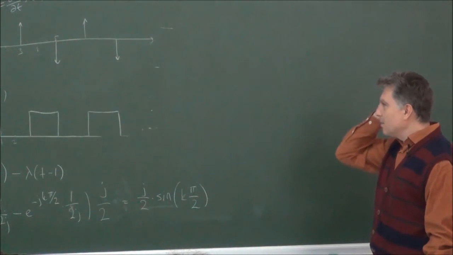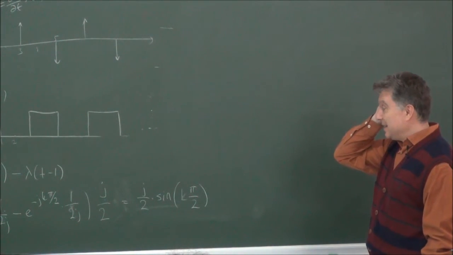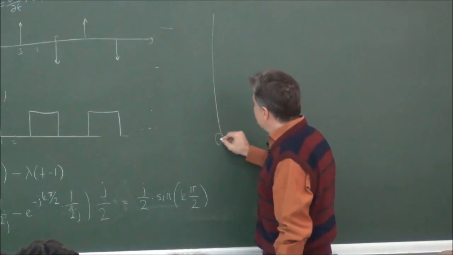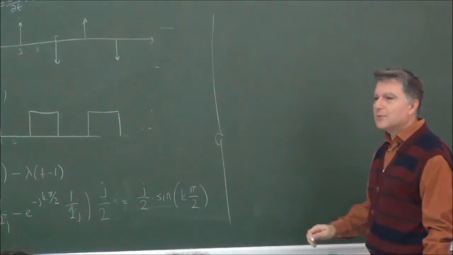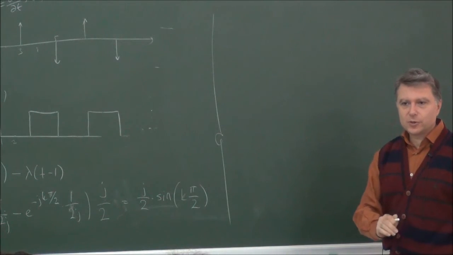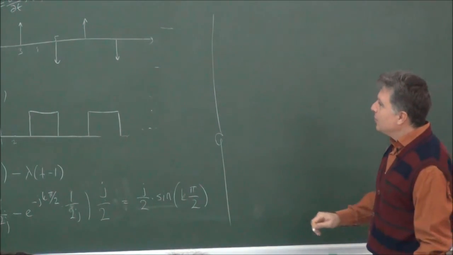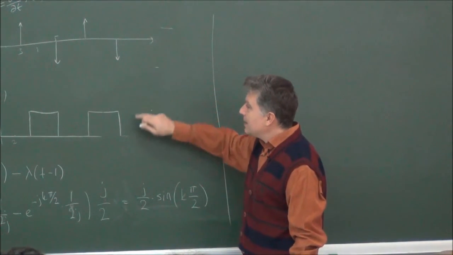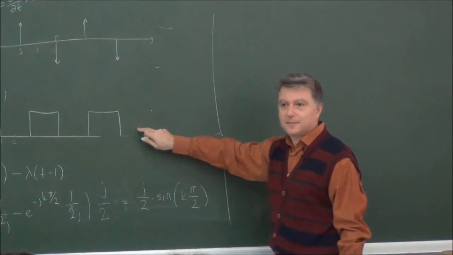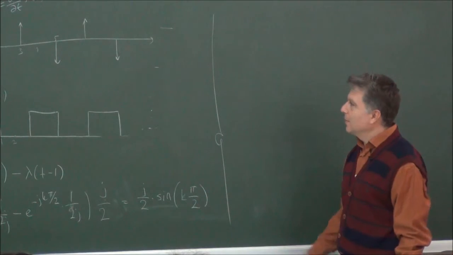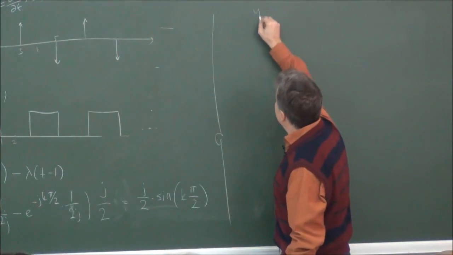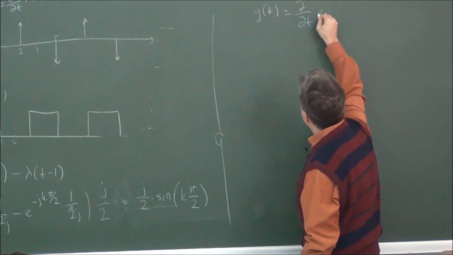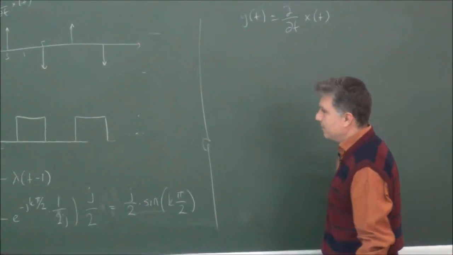Now, even more interesting than that is the attempt, which I will start, but I will not continue. The attempt to have this y of t as a derivative of this thing, because we also know that y of t is equal to the derivative of x of t.